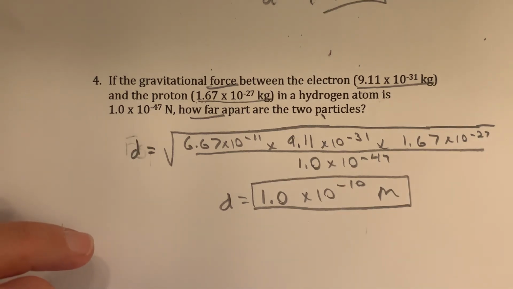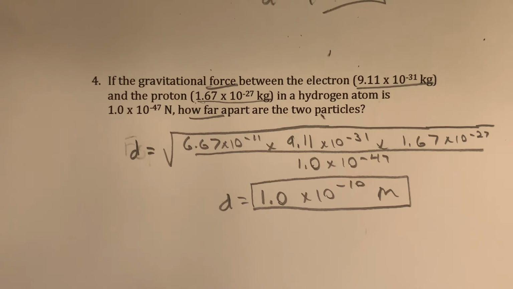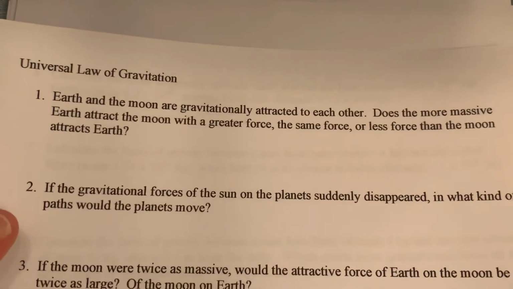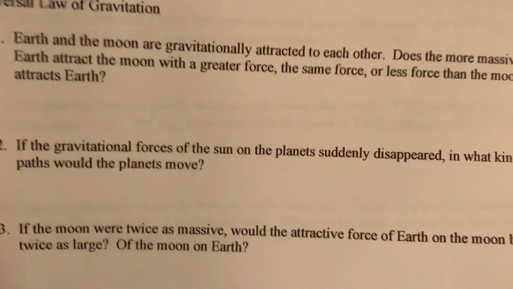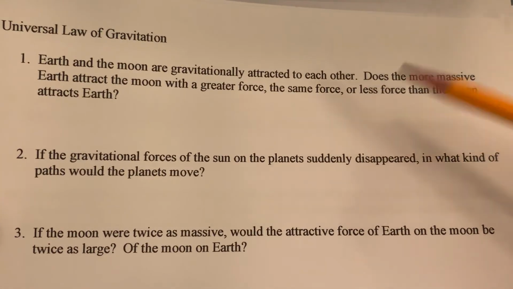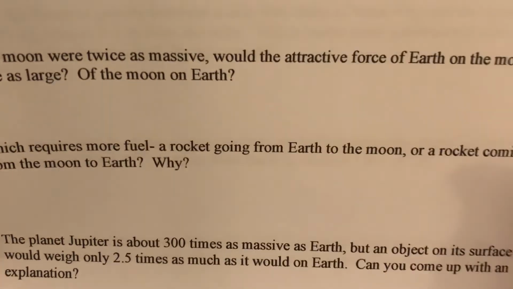All right. So that is how you work problems. And what I'm going to do is also put on, for tomorrow's problems to work, these, universal law of gravitation. So you got about 13 questions. Some of them are just going to ask questions, and some of them are going to work some problems.